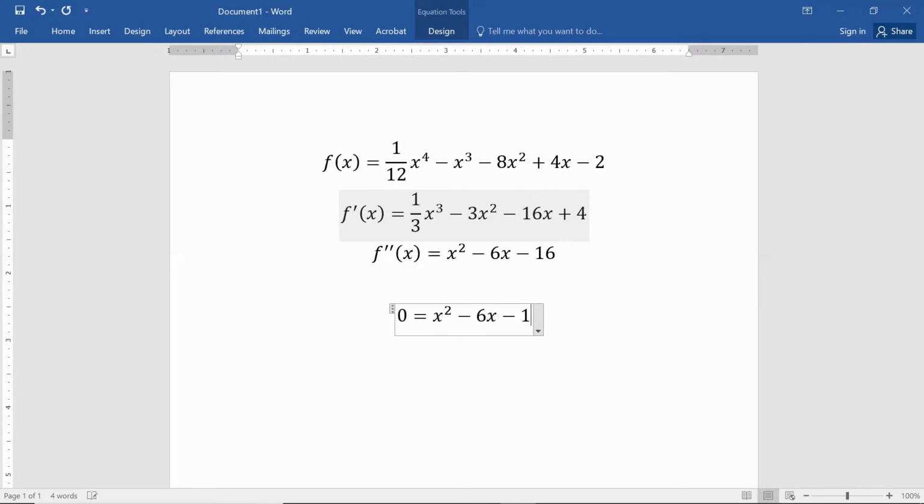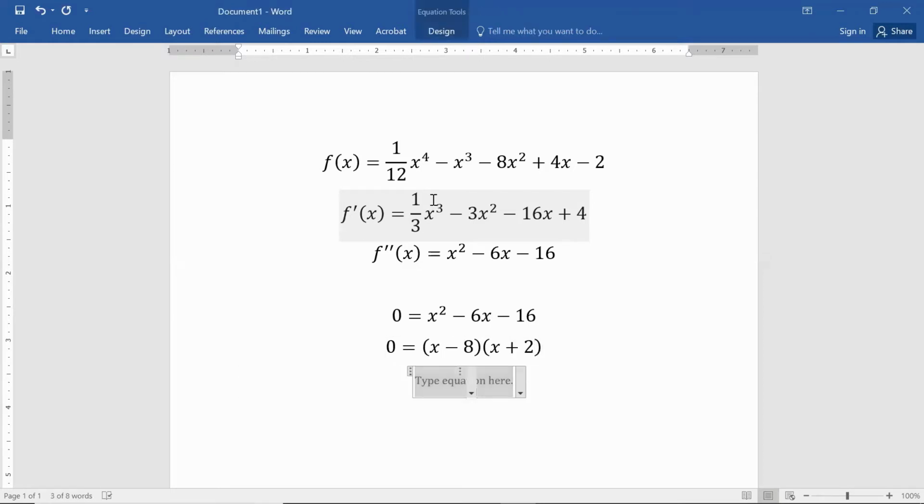In this case, we have a quadratic function which we can factor. This quadratic polynomial factors into x minus 8 multiplied times x plus 2.